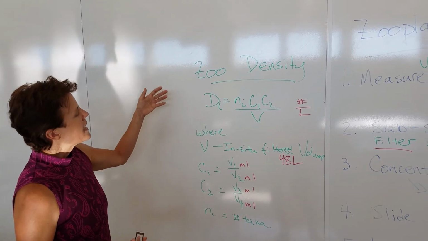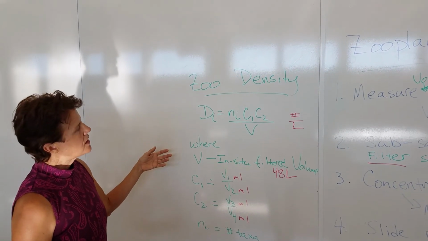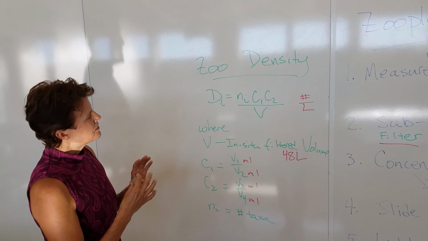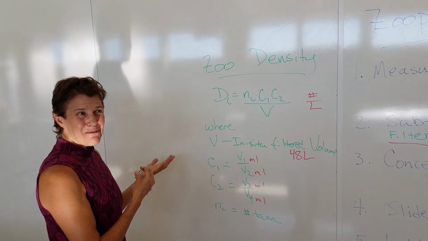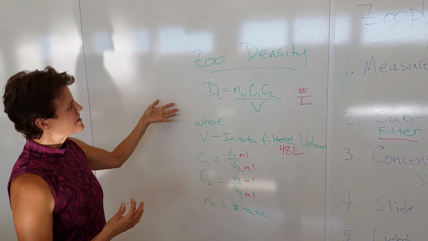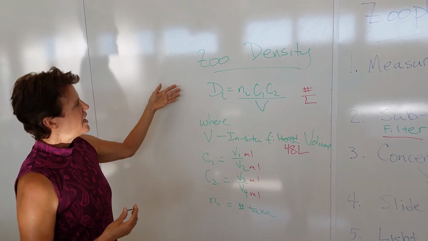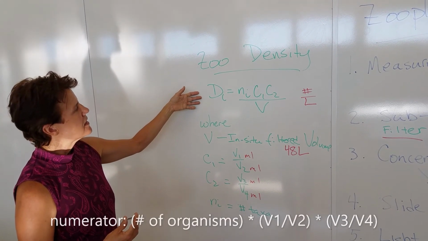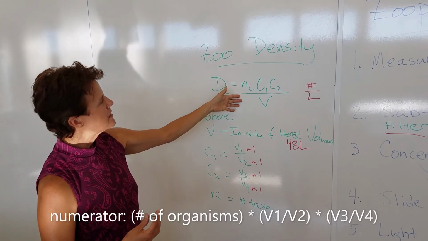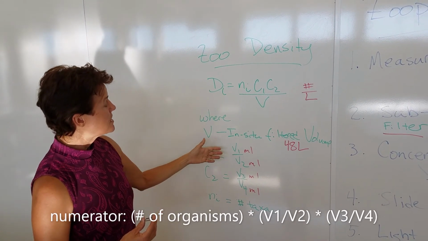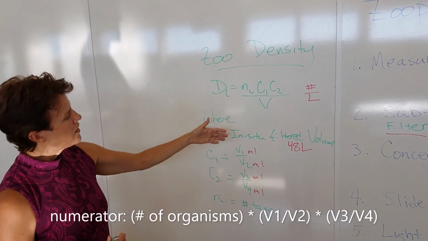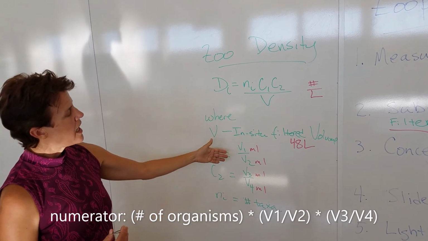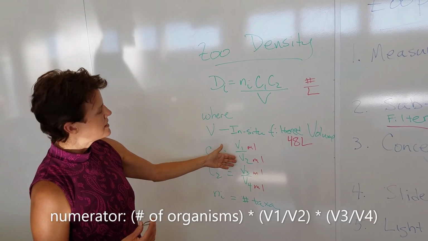So next you prepare a spreadsheet where you ensure that the spreadsheet is prepped so that you can easily do this calculation. And so again, density is number of organisms times two ratios, which the first one is volume 1 over volume 2, so that's the entire sample over the subsample.